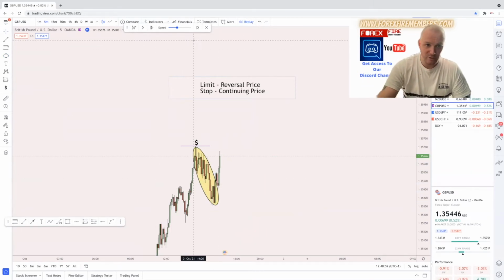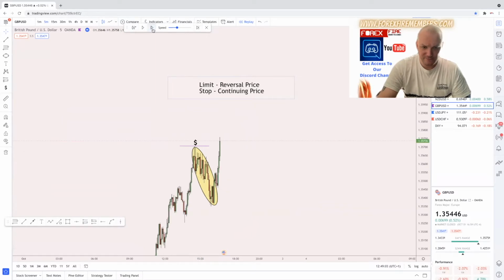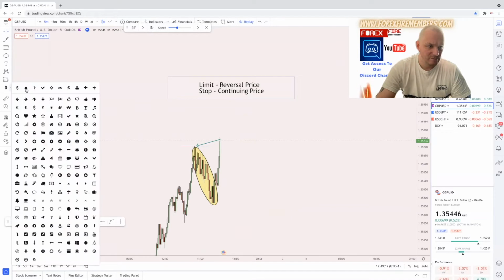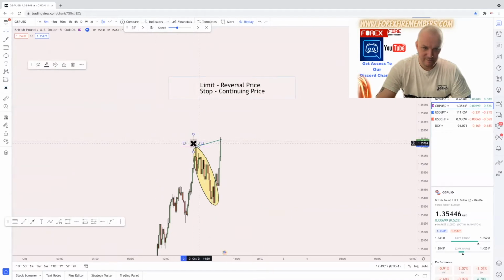As we go forward again, we've had a break of structure. Price here has broken that structure, making this an invalid area, so it invalidates that.